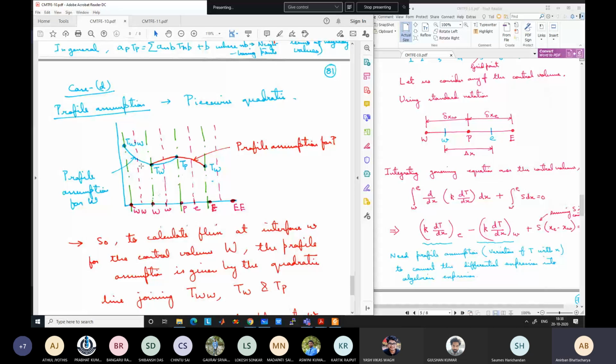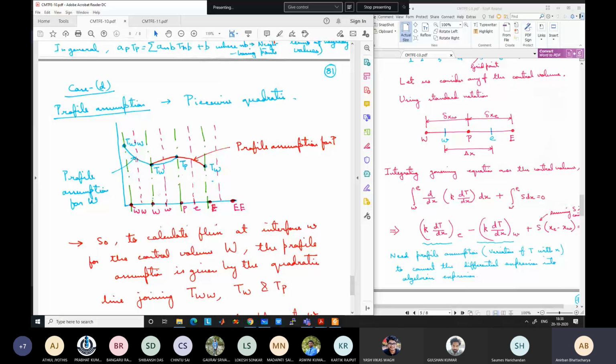It will be a quadratic equation, and you can join the 3 points with a line. It's a quadratic curve, basically, like a parabola. So you can join these 3 points with a line like this.